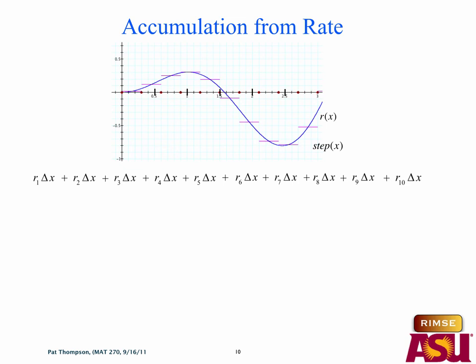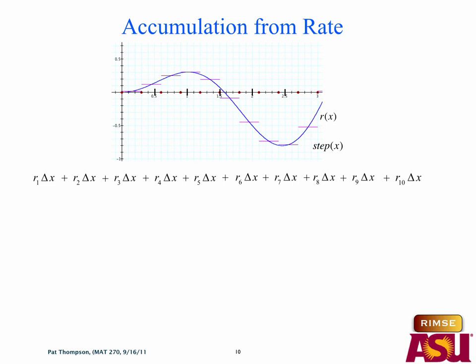Our actual rate of change function could be really pretty looking, and we only know how to deal with things that look like steps. If we have constant rates of change, we know how to get from constant rate of change to accumulation. That's why we're taking our actual rate of change function and creating our approximate rate of change function, which we're calling step of x.